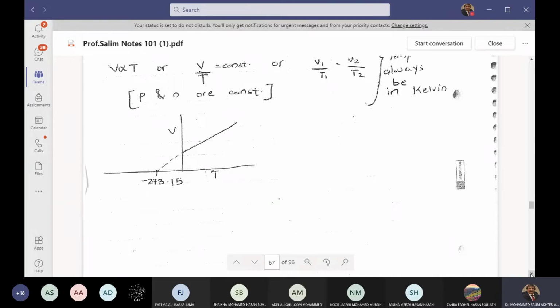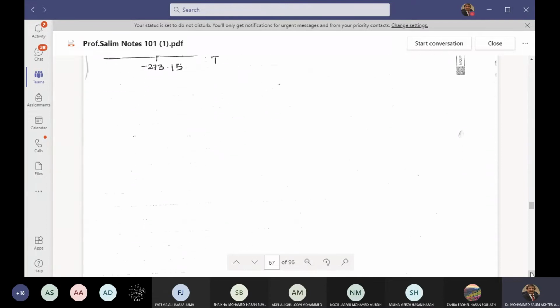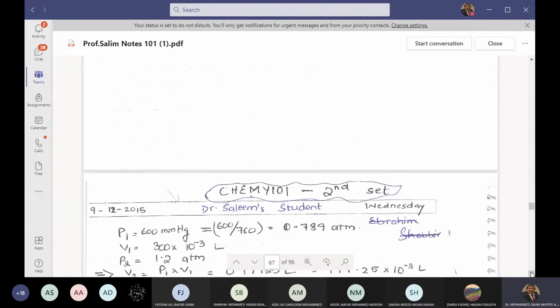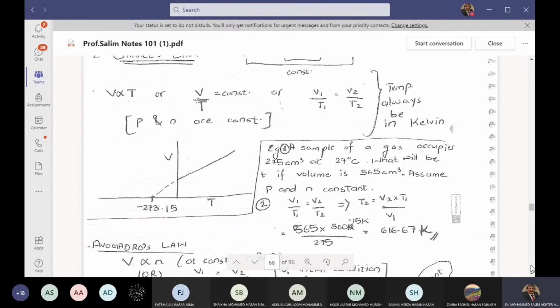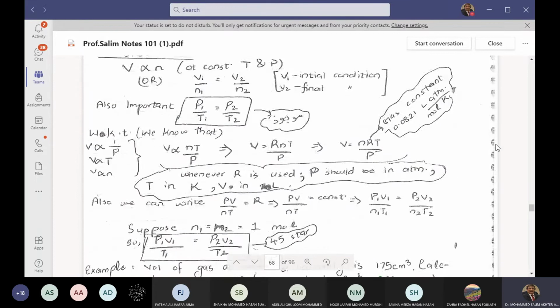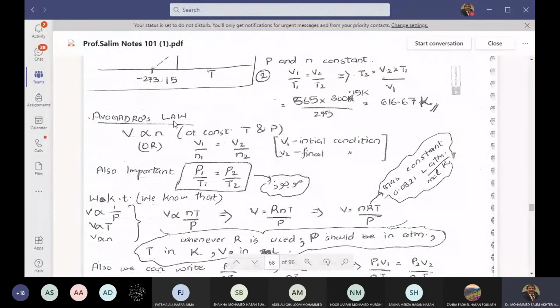Then we talked about the third one, Avogadro's law. Avogadro's law is V is proportional to N, keeping temperature and pressure constant.